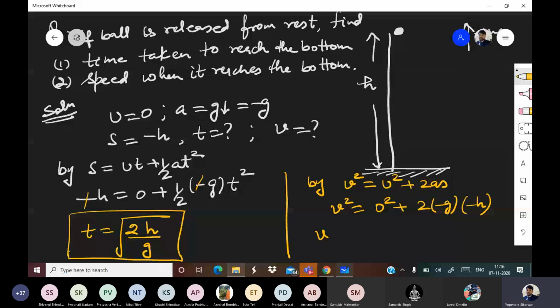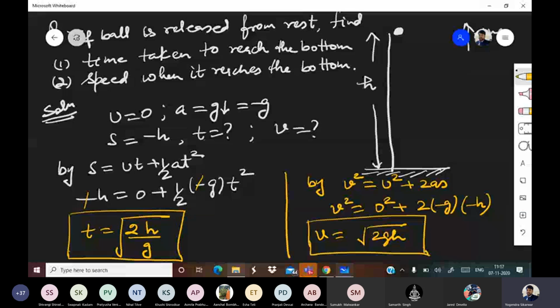That is the speed of the object when it reaches the bottom. Any doubt, any question? Good.